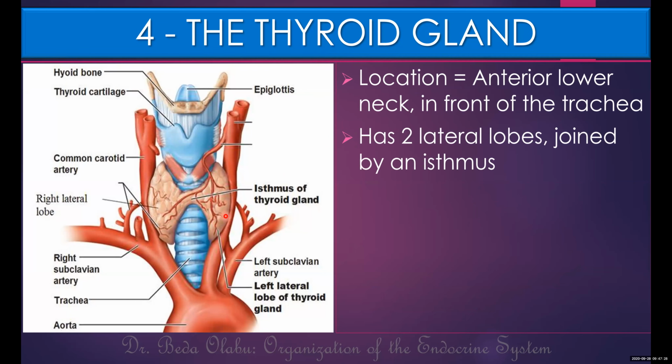This is the left lateral lobe. And the two lobes are joined by this narrow region, which we call the isthmus of the thyroid gland. Sometimes it may have another lobe here, which we call the pyramidal lobe, because it looks like a pyramidal protrusion of one of the lobes. Not present in this image, but it might be there.